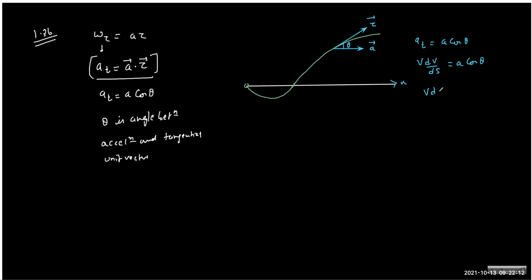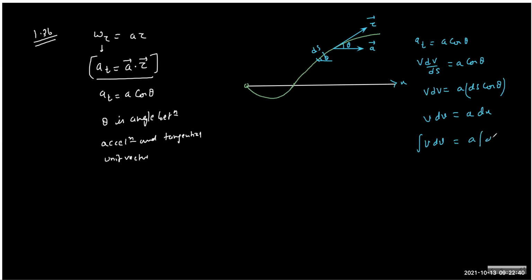And this turns out to be V dV equals A ds cos theta. If I take a ds something like this, and theta is like this, what is the ds cos theta representing? This is basically dx. So now we have the simple relation that V dV is A dx, and now we have to integrate.